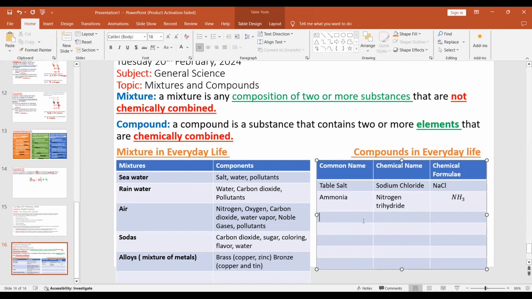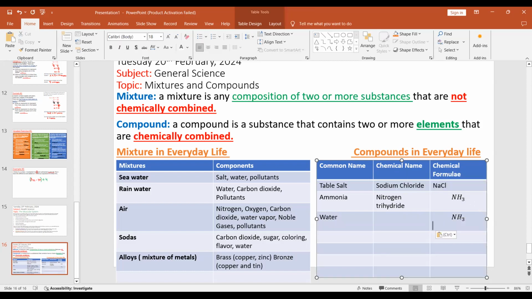And then this one is very easy. Water. What's the chemical formula for water? H2O. Very good. Now when we see H2O, what is that trying to tell us?